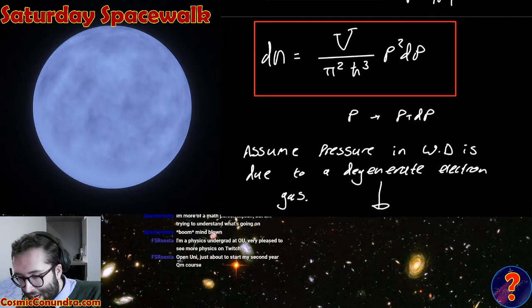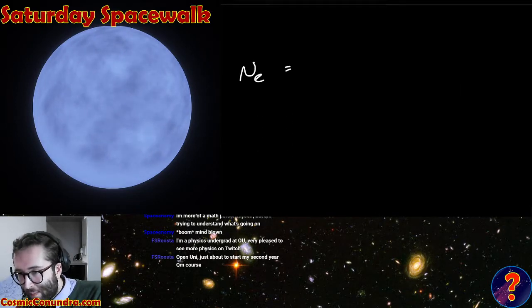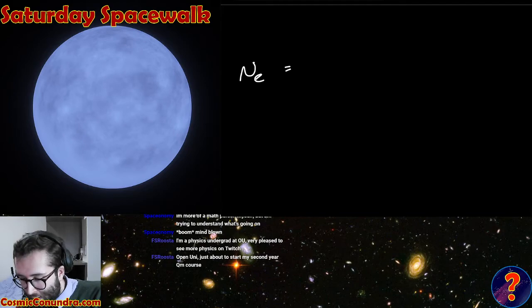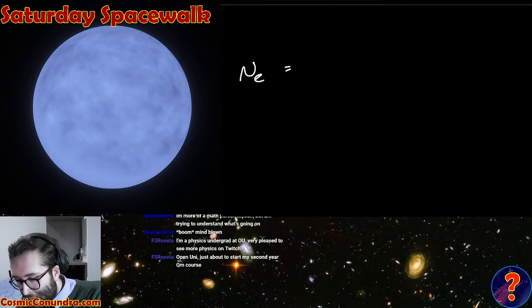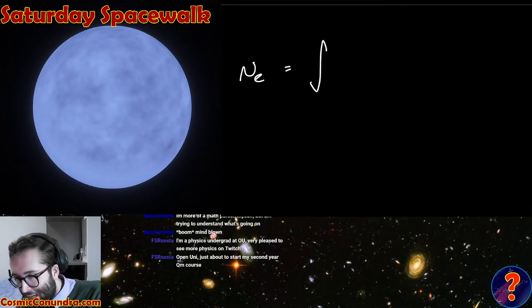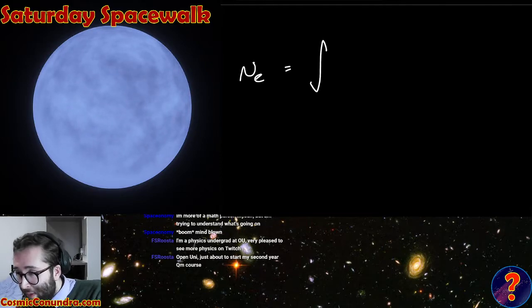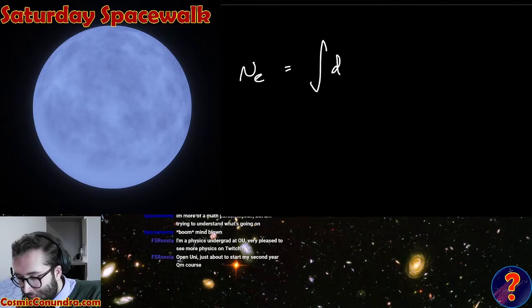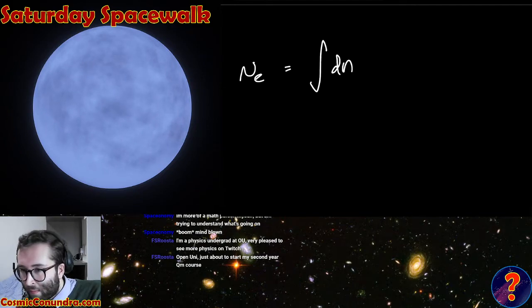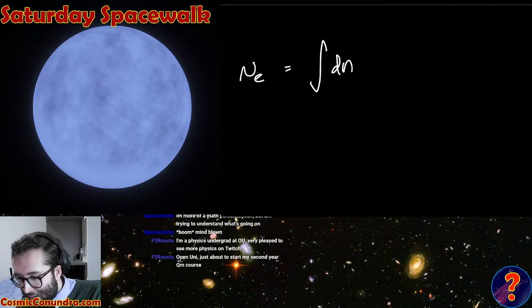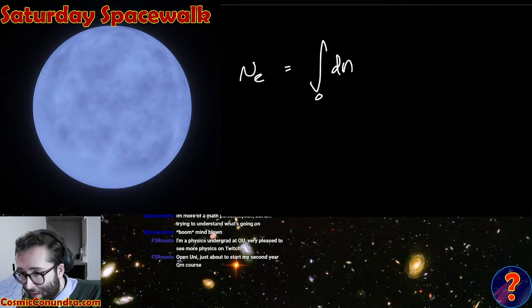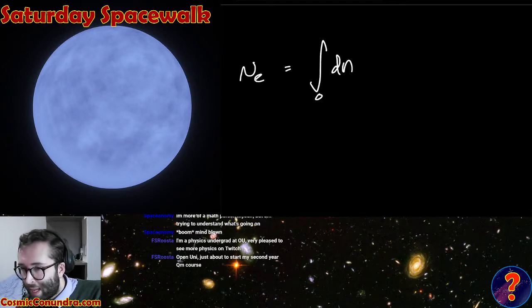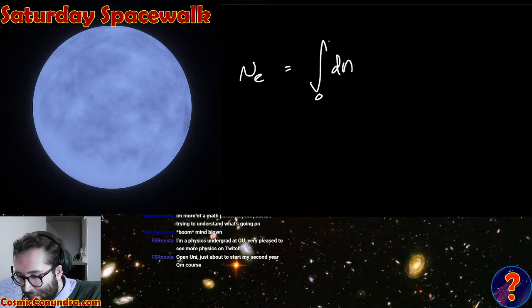So what we can say is that if we're now counting the number of electrons in terms of momentum, the total number of electrons will be the number of states summed up between 0, filling from the bottom, up to some upper level, some Fermi level.